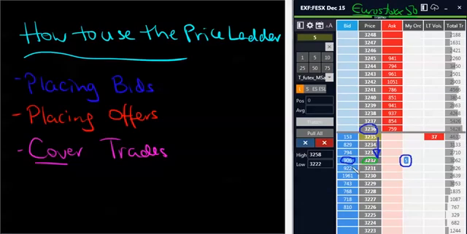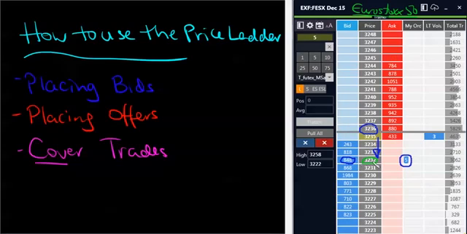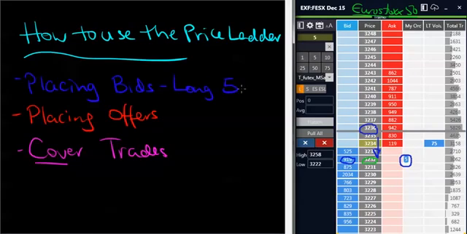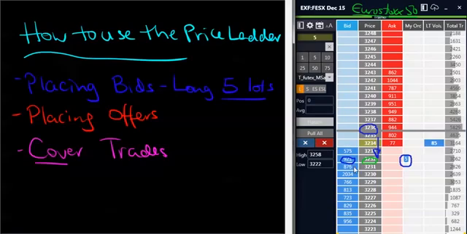So if it comes down, trades out all of these contracts, and gets to me, as I'm pretty far back in the queue, I can get filled, and at that point I would be long 5 contracts, or 5 lots as you would call them. So that is how you would place your bids.